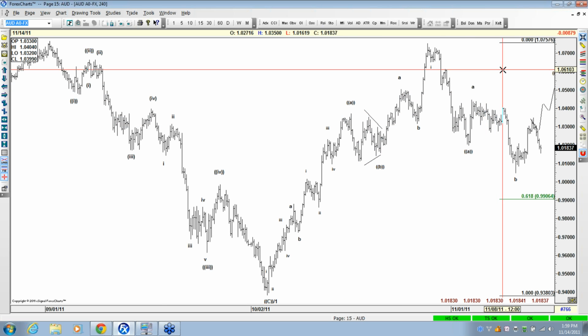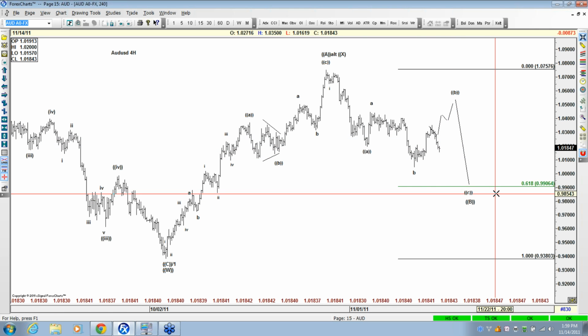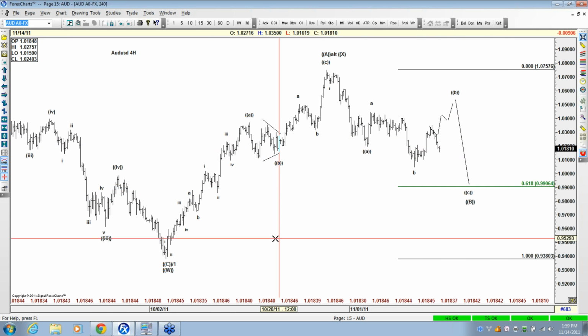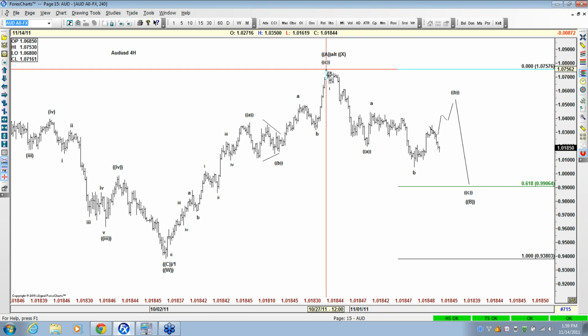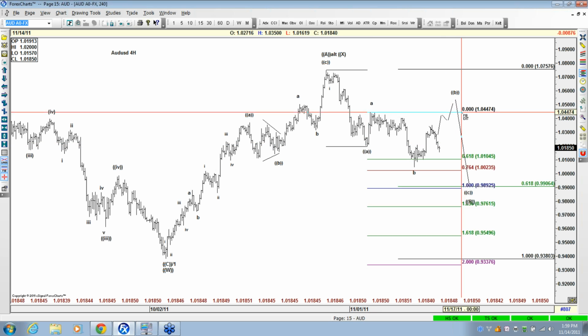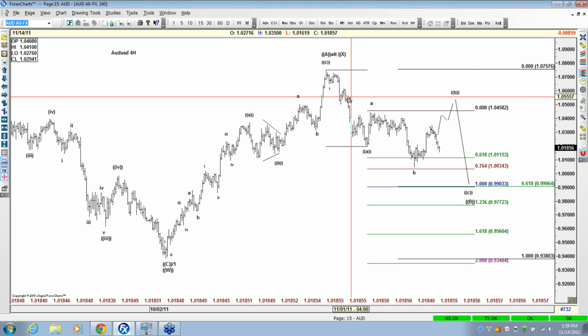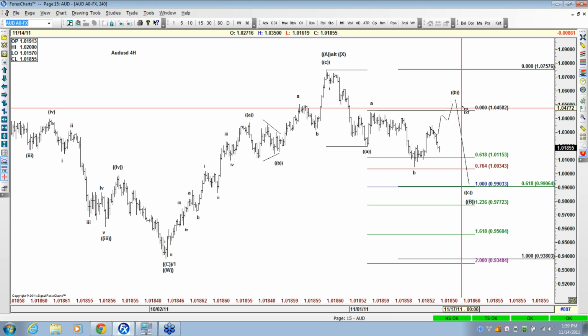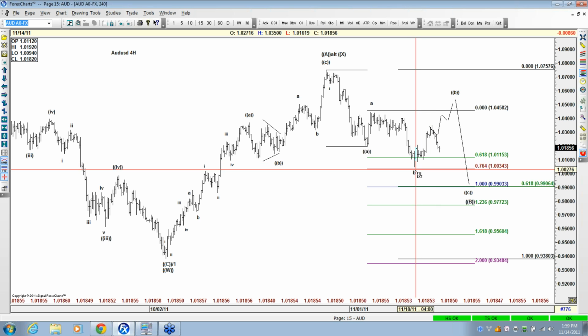I mean, I still like 99, which is the 618 of this move. And then, look, unbelievable. Zach, look. This count is from Saturday. It's going to be adjusted today because this is a higher degree chart.